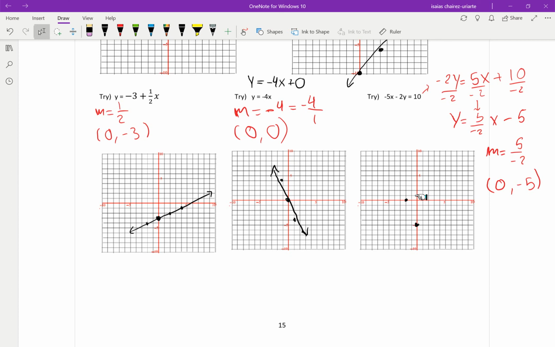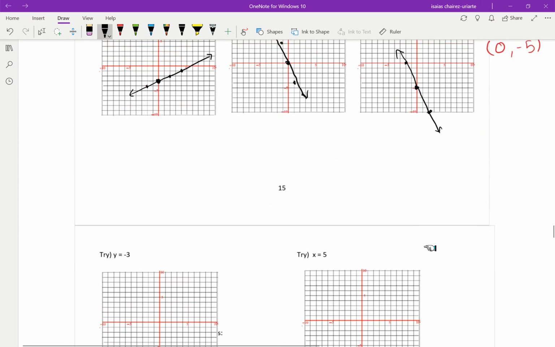Or I could also go down 5 and to the right 2. It doesn't matter. So hopefully we agree on this. Now let me try to do my best here to connect these 3 dots. I make no guarantees. That's better. And that's the line that I'm dealing with there.